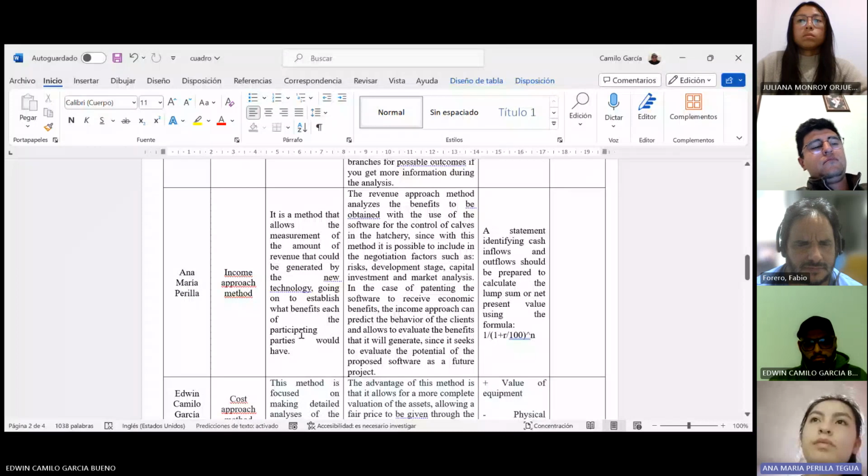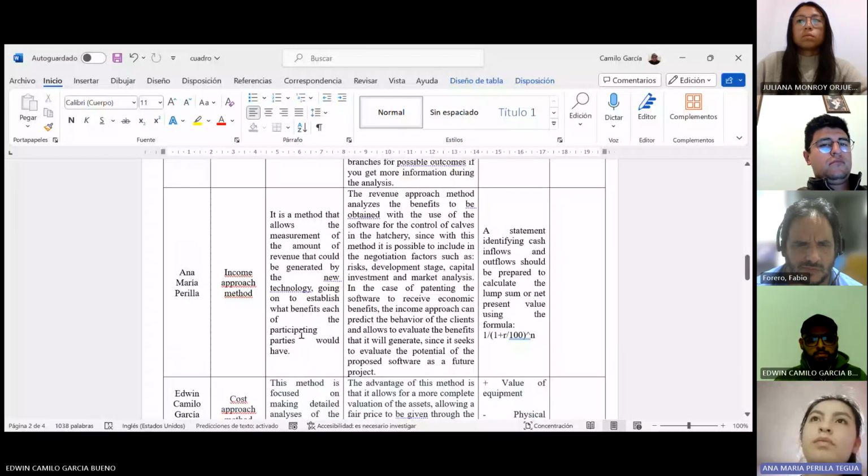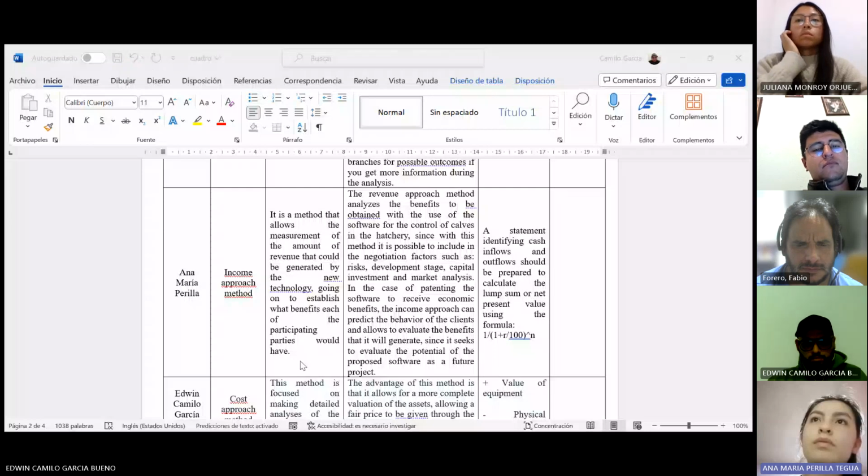Advantage of the method: the income approach method analyzes the benefits to be obtained with the use of the software for the control of calves in the hatchery. With this method, it is possible to include in the negotiation factors such as risks, development stage, capital investment, and market analysis.